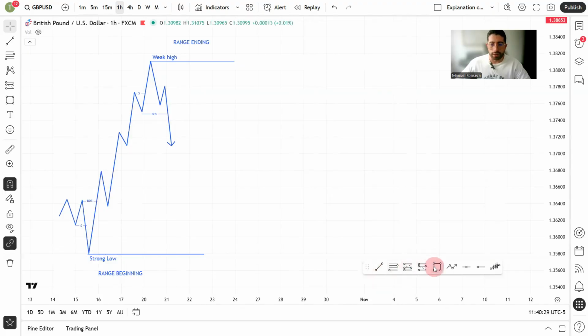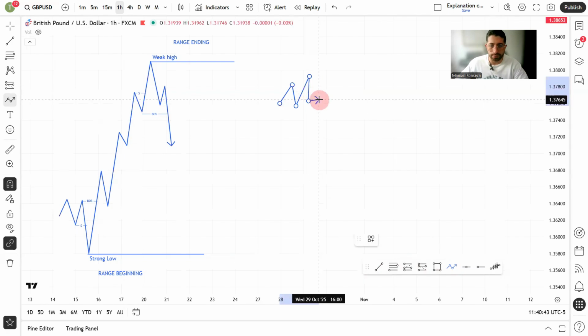Now, the beginning of a range in a bearish trend is the same theory applied, but backwards or downwards. Imagine the price is here consolidating, kind of. Then we have something called the swing low, or the lowest point of the market at this moment.